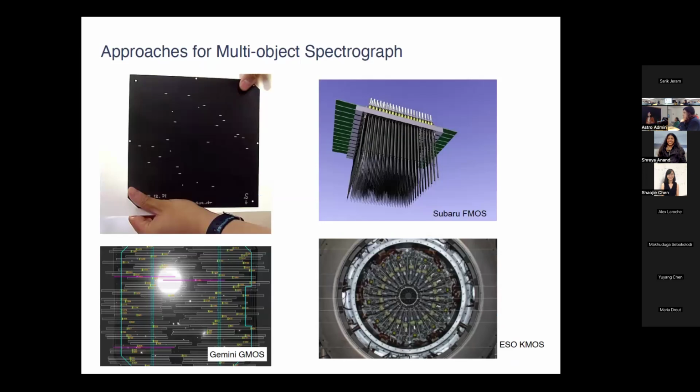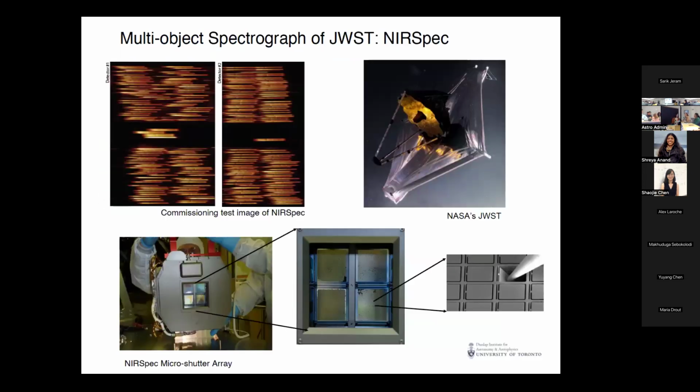There is the very traditional way of using a laser to cut multiple slits on a physical mask, or using precision fibers, or DMD-MOS, or some very complex customized slit mask. There are also maps based on the micro-shutter array, where millions of micro shutters can be controlled, open and closed, to mimic the slits.